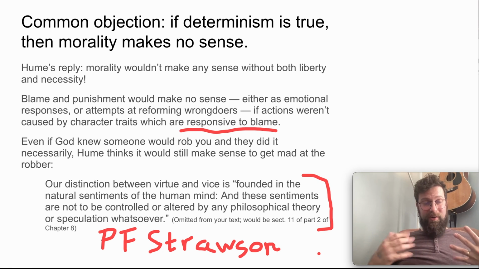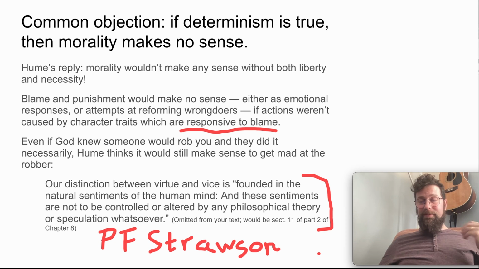But in the larger argument for Hume, he's going to point out, look, you believe in necessity, not only in behaviors in the world, but also in human behavior. So not just objects in motion, but people in action. And furthermore, we do have the concept of liberty, which does not require us to be thinking about whether or not the universe is deterministic.